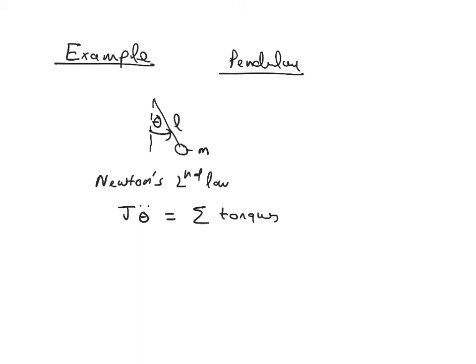In this case, it comes out to be ml squared theta double dot equals minus mgl sine theta minus kl theta dot.